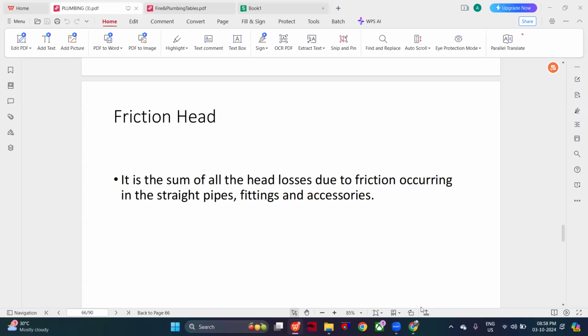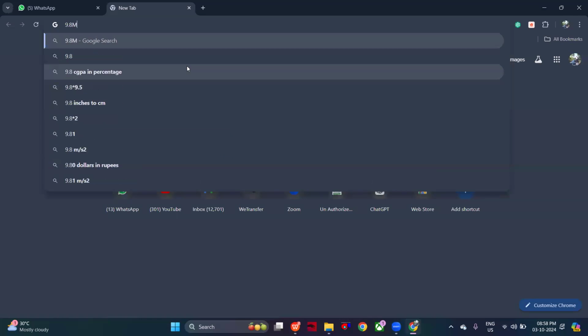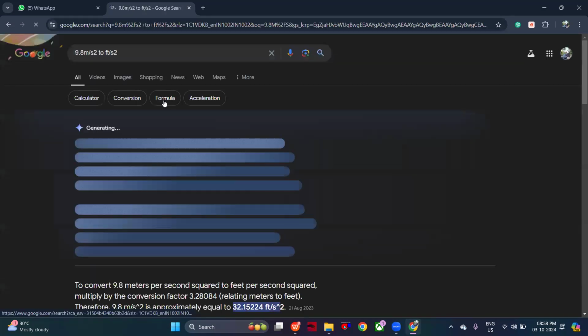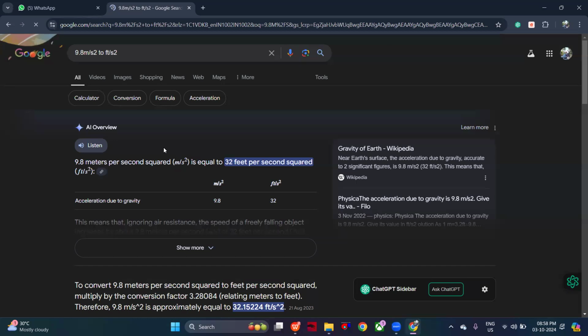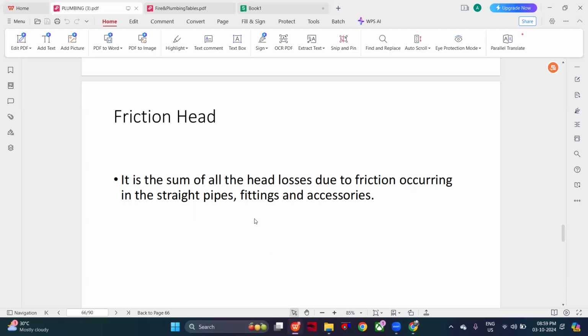Just use Google. Which are the accessories they are saying? T joint, L joint, reducer.